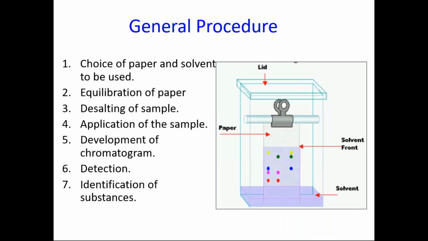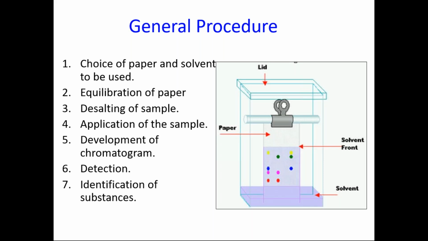So the general procedure for performing any paper chromatography is choose the paper, different types of paper are available, choose the solvent to be used, carry out the equilibration of the paper with the solvent, prepare your sample, apply the sample to the paper about 1 centimeter away from the edge of the paper, then put it into a chromatographic chamber and use either ascending or descending or radial chromatography or two-dimensional chromatography for the separation.